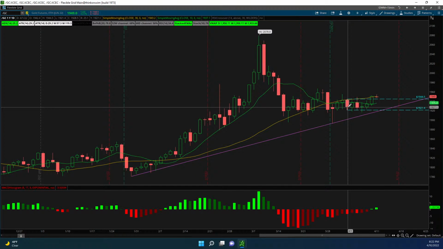So I'm expecting gold to move up as long as it stays above this trend line, above the moving averages, and above 1944.5, which is the line in the sand, right? So this is the high of the first day of trading in April.